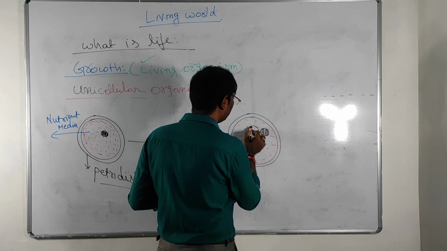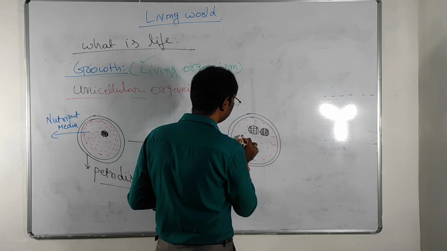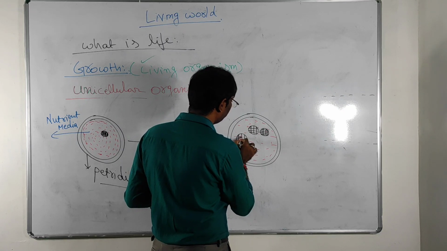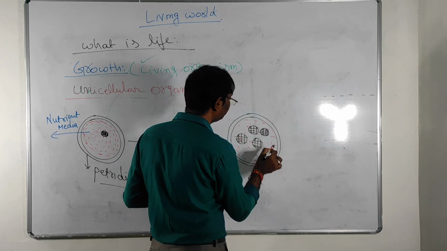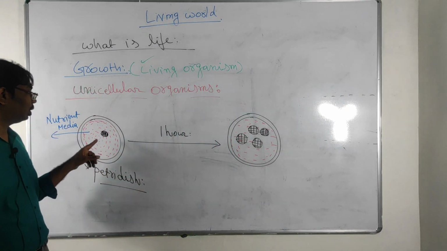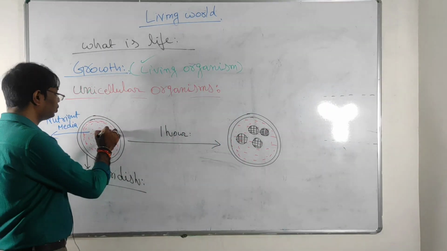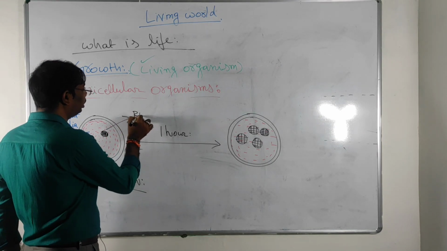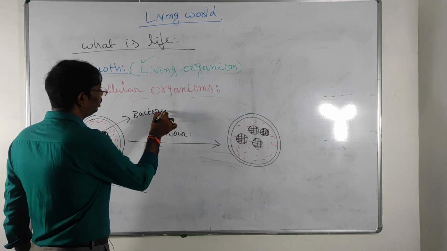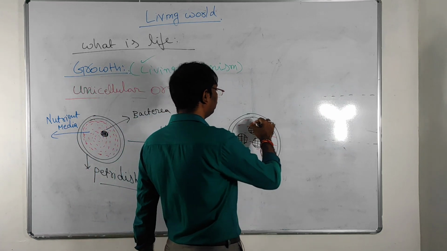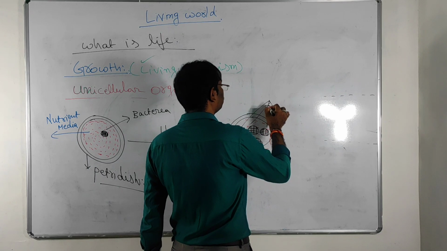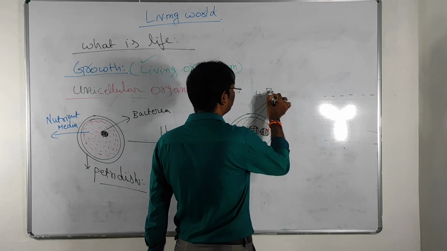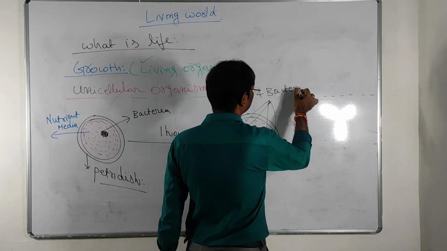So the one bacteria, it may become two bacteria. Two bacteria, it will become four bacteria. Like that, the number of bacteria may be increased in this Petri dish. So initially, how many bacteria are there? Here only one bacteria is present. But finally, how many bacteria are there here? So totally 4 bacteria are present in these locations.